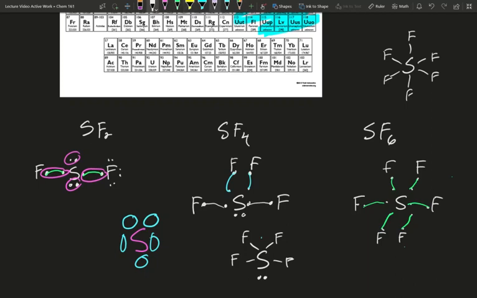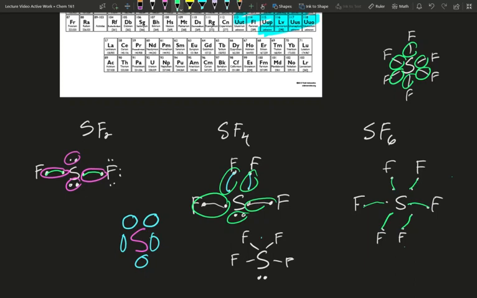Well, if we go and look at the octet rule for these last two, sulfur sees 2, 4, 6, 8, 10 for sulfur tetrafluoride, and it sees 2, 4, 6, 8, 10, 12 for sulfur hexafluoride. It has exceeded its octet, but it can do this because it has more than 4 orbitals to access.